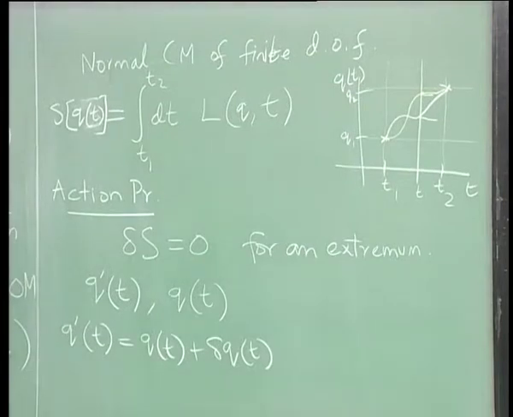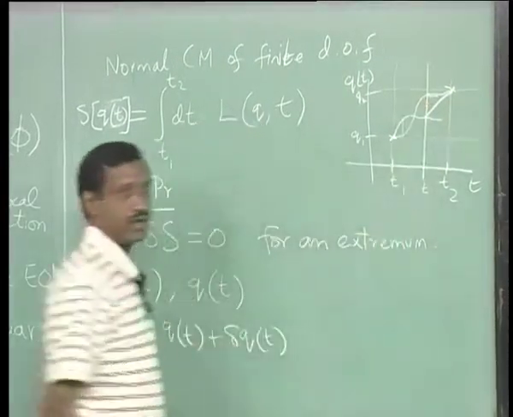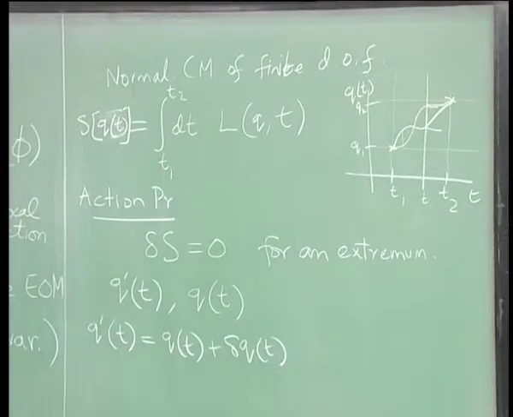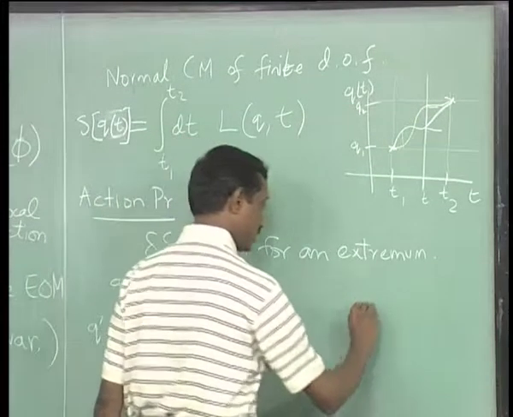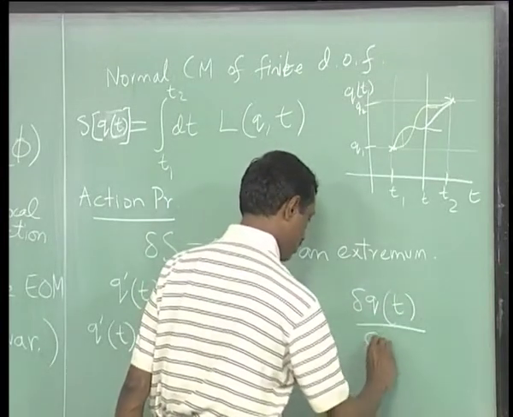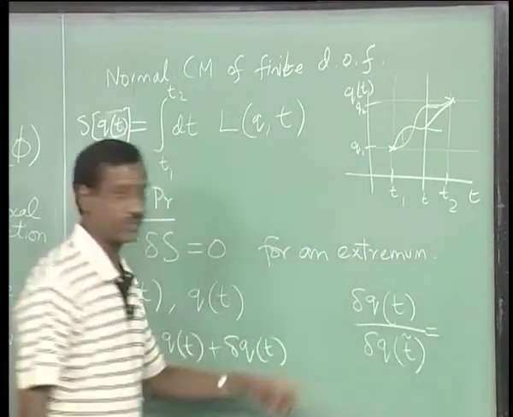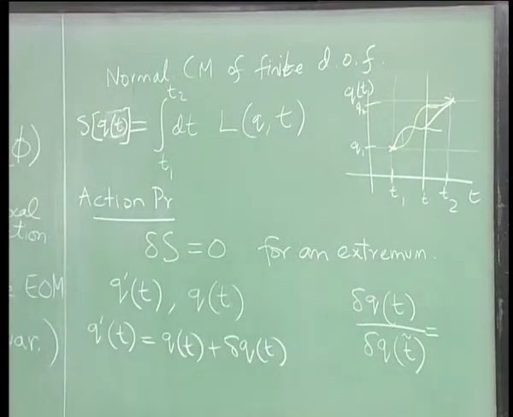See, the important point to remember is, if you take two different times, the delta q's at two different times are not correlated, they are independent of each other. So, that statement we will use to say that delta q at some time t and delta q at some other time t tilde would be 0 when t is not equal to t tilde, but it should be equal to some non-zero quantity, but it has to be the Dirac delta function.